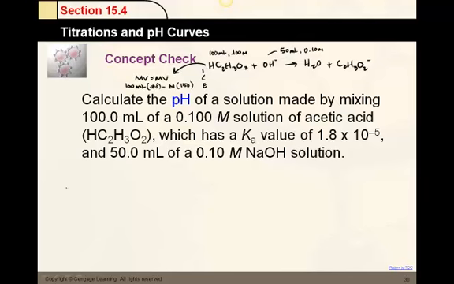When we work it out, we get 0.0667 molar. I do the same exact thing for the OH negative. I'm going to say 50 times 0.1 equals M times 150. When I work it out, I get 0.0333. And that's the molarity.